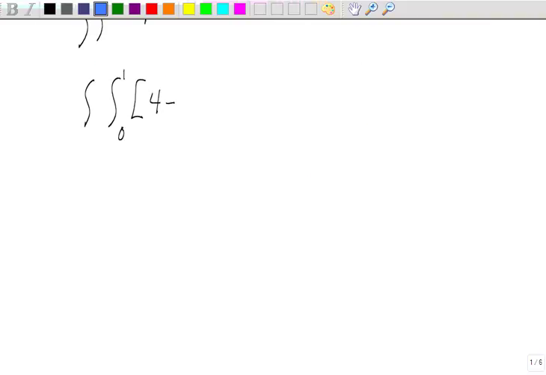So I have 4 minus r squared minus 3r squared dr. And then theta goes all the way around, 0 to 2 pi. So that's going to give me the volume of that region.